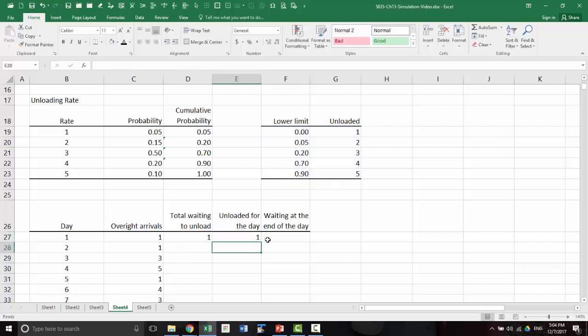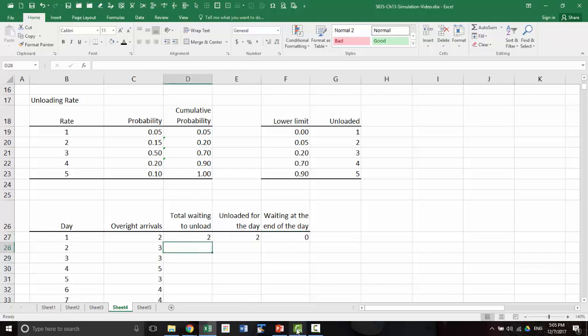All right. So then waiting at the end of the day is total waiting to unload for the day minus what we actually unloaded. So that will be 0. Since we used MIN here, this number can never be greater than that, so you don't have to worry about using an IF function or anything like that. Okay. Now waiting at the end of the day, day 1.